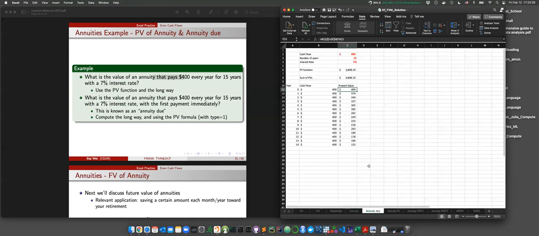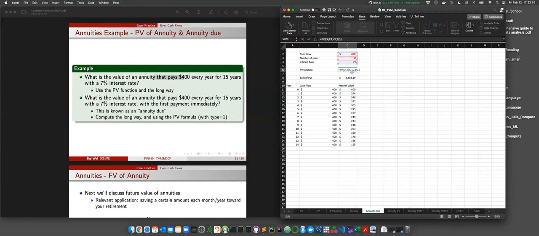For an annuity due, cash flow occurs at the beginning of each period, so there is a one-period lead-lag relationship.